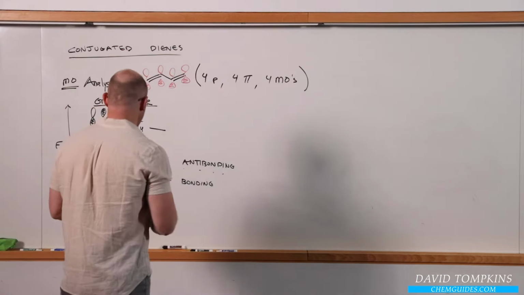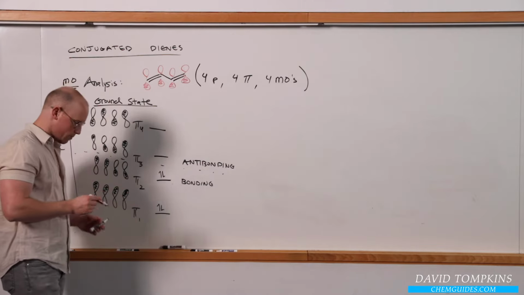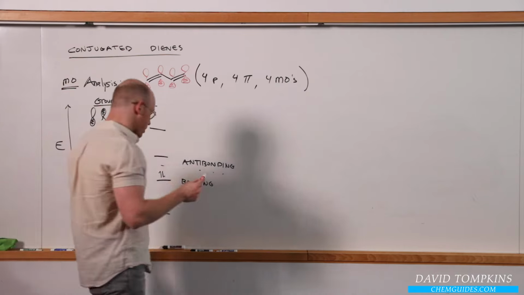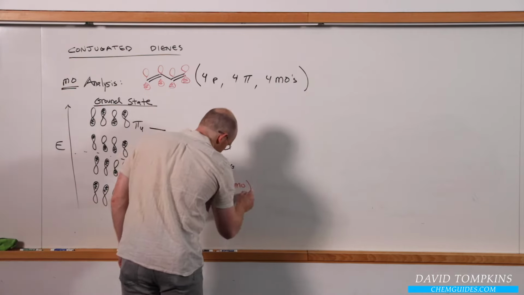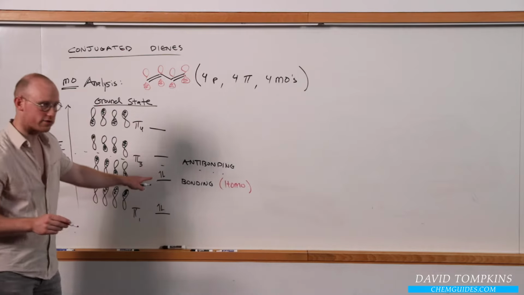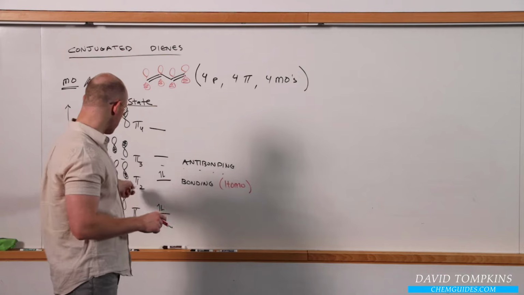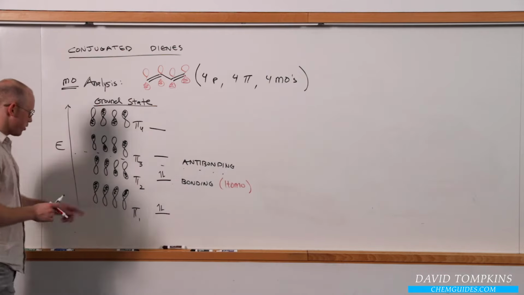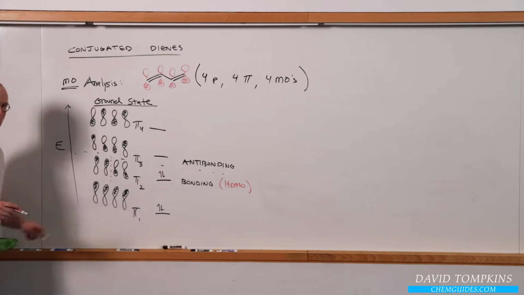So another way to analyze this is to think about the highest occupied or the lowest unoccupied molecular orbitals. And I'll use colors here to indicate the most energetic orbital that is filled with electrons, or the highest occupied molecular orbital, is pi2, where you have a single node where the phasing is mismatched.